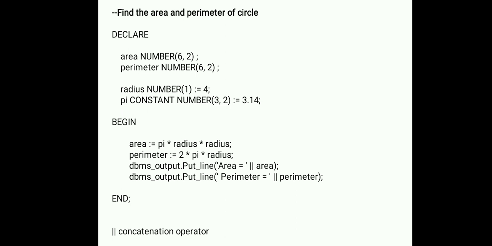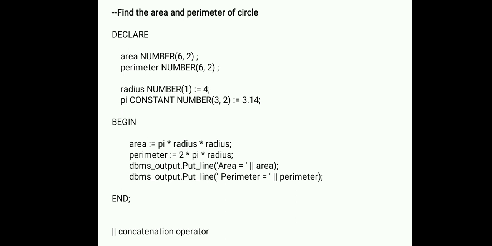Whatever execution you need to achieve, that is, you need to calculate the area using pi r square and the perimeter using 2 pi r. So you'll write that executable part in the begin section, and after calculation by the PL/SQL compiler you will have a DBMS_OUTPUT.PUT_LINE statement to print the area and perimeter calculated.